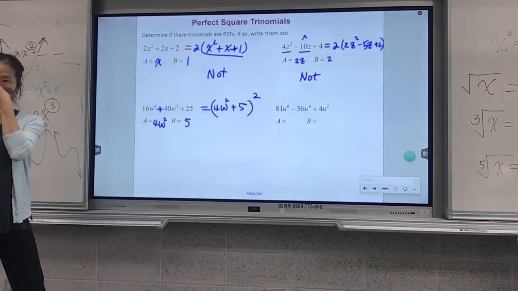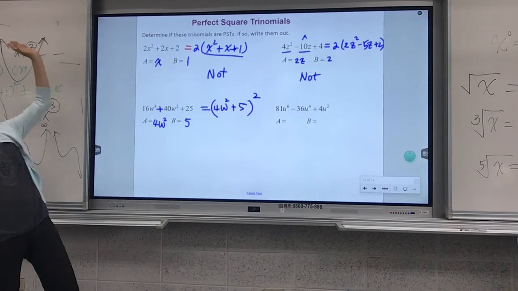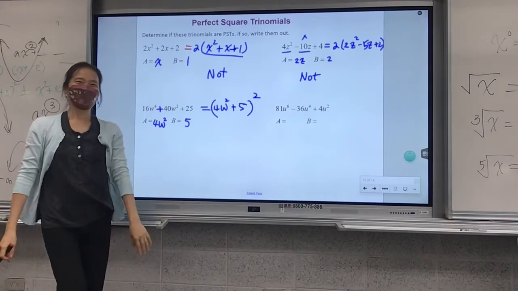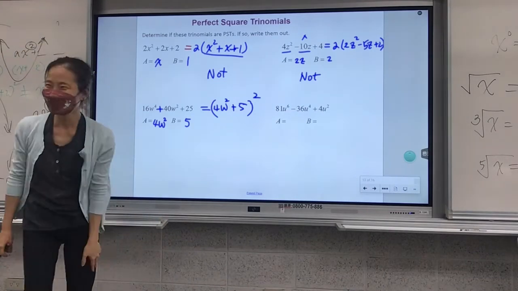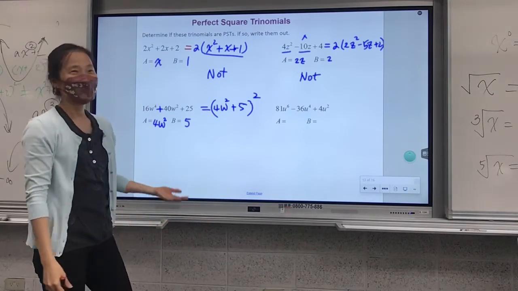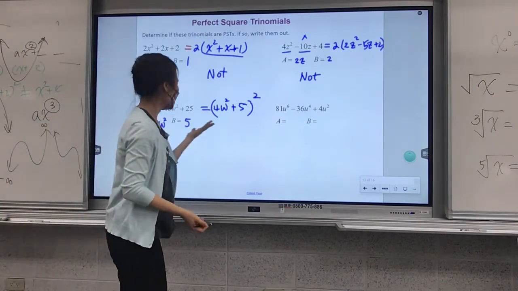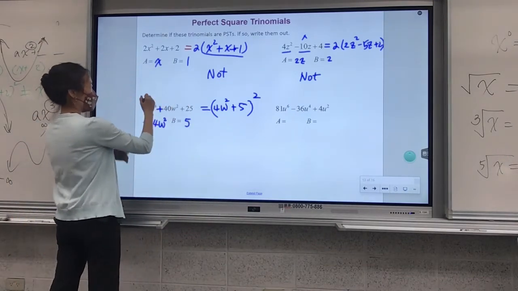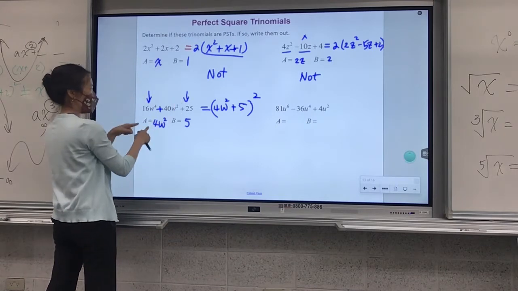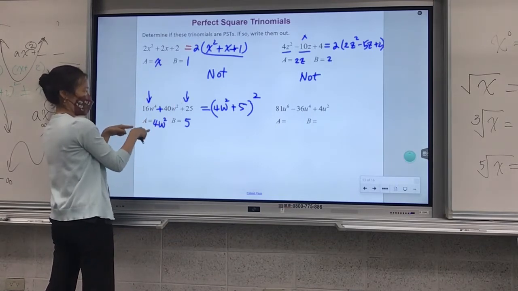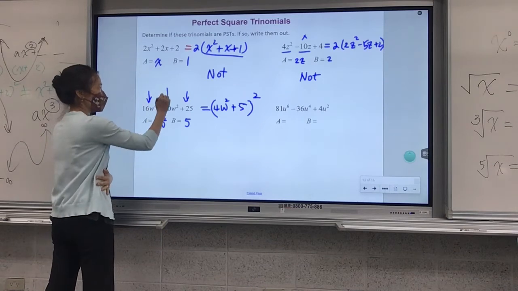How do you tell if they're a perfect square? You first look at the first term and last term. Are they perfect squares? Yes. So now you need to look at the middle term.